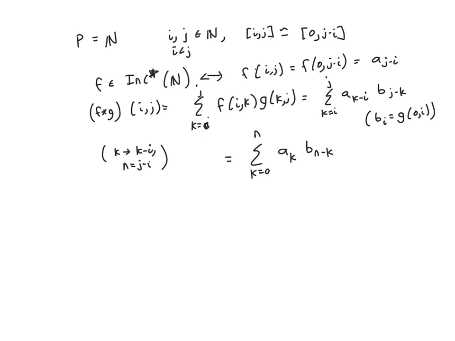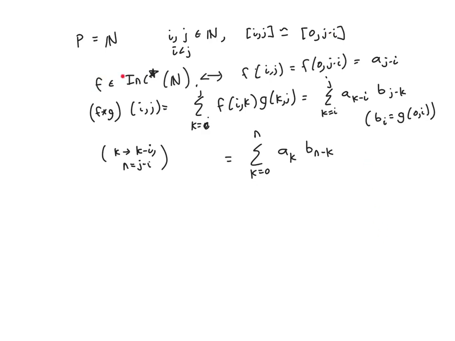So as a first example, let P be the poset of all natural numbers under the standard partial order. Then given i and j, natural numbers with i less than j, it's not too hard to see that this interval is isomorphic to the interval from 0 to j minus i. Literally by just taking an arbitrary element and subtracting i from it. Also known as the fact that both their Hasse diagrams are a vertical chain of length j minus i.